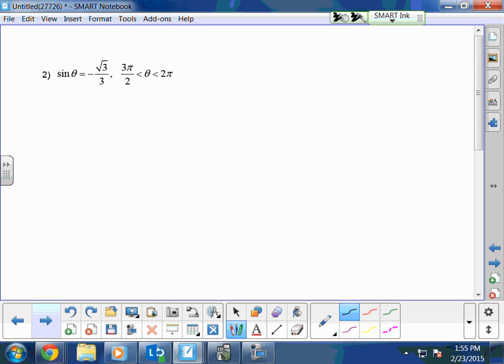Now the same thing, I'm going to go ahead and first find out where this quadrant lies. Now this quadrant in itself, 2 pi and 3 pi divided by 2, that's 2 pi. This is 3 pi divided by 2. Which means that for this one, my triangle is actually going to be right here, this way and this way.